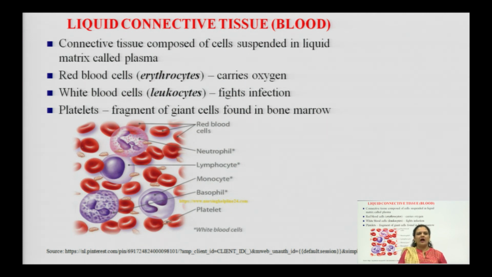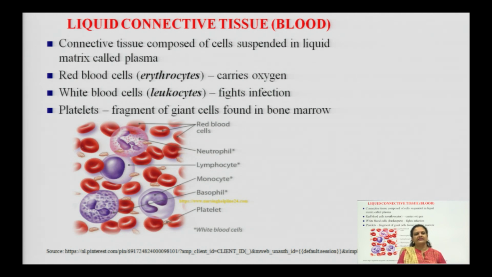RBCs, red blood cells, are also known as erythrocytes. They have the function of carrying oxygen from one place to another. The other blood cells, white blood cells, are also known as leukocytes. These are responsible for fighting foreign particles to maintain our immune system, fighting infections or toxins coming from the external environment.